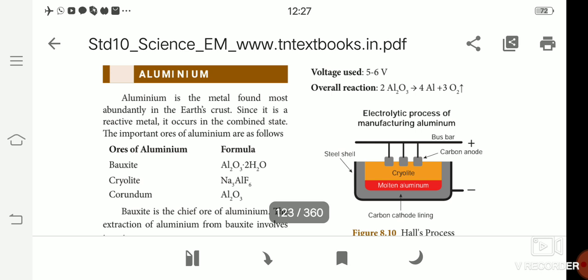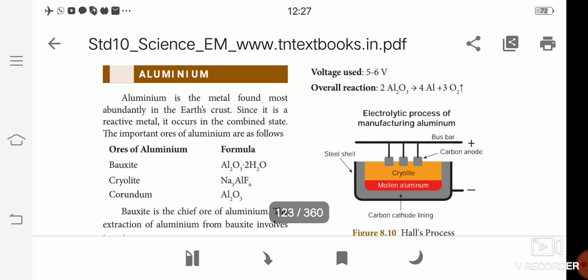Aluminium reacts with sodium hydroxide, with water added, to give the product sodium meta-aluminate, whose formula is NaAlO2.